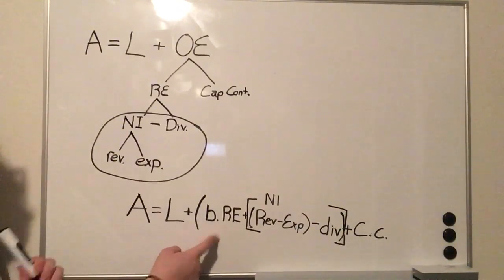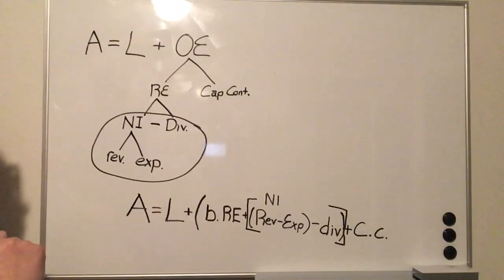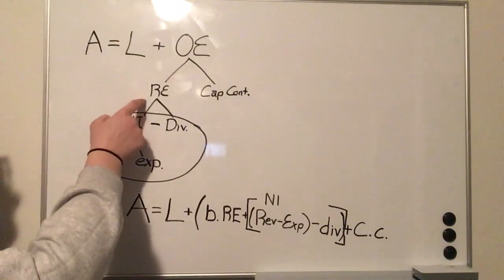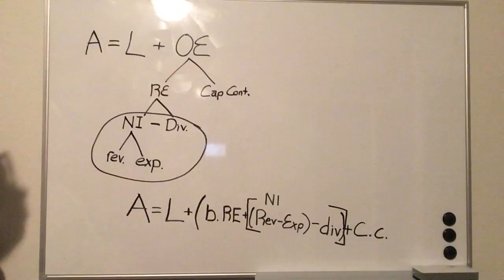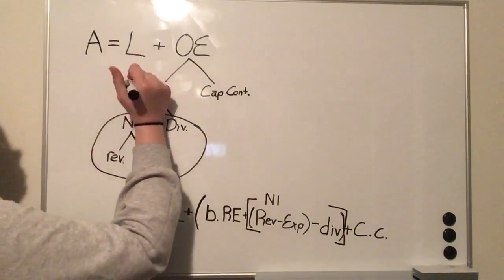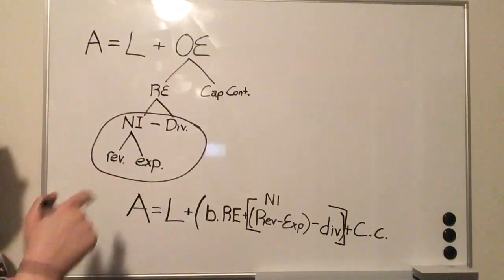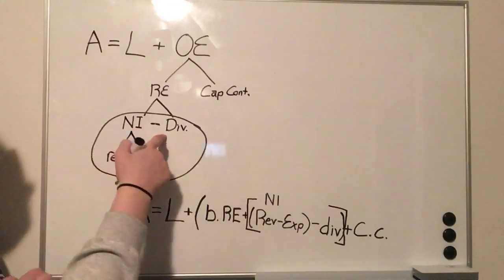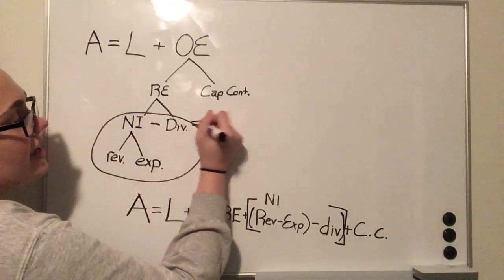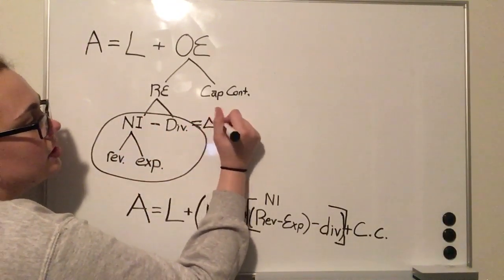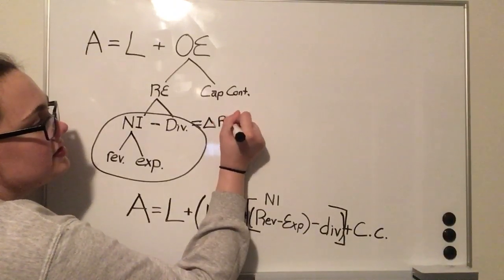And this equation makes a little more sense to students sometimes, because this retained earnings contains a lot more than it looks like. So your net income minus your dividends right here, that equals your change in retained earnings.